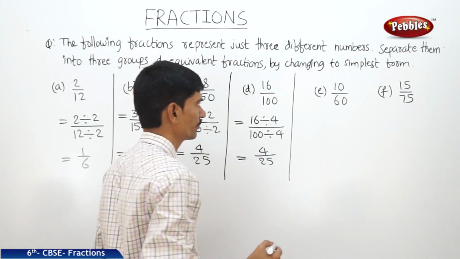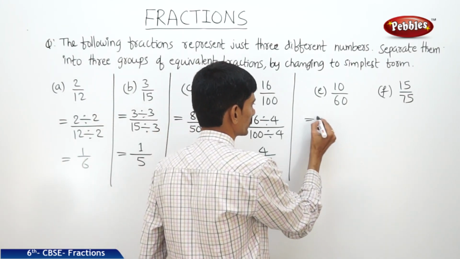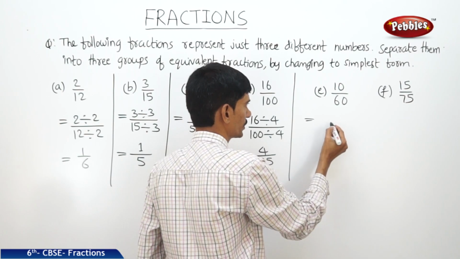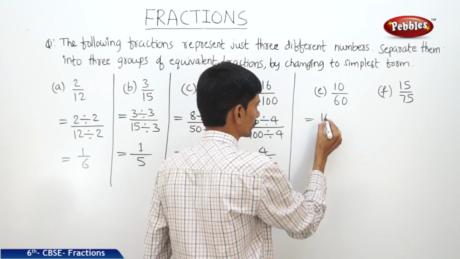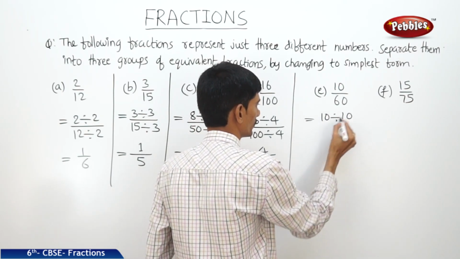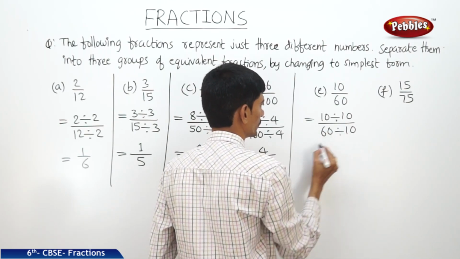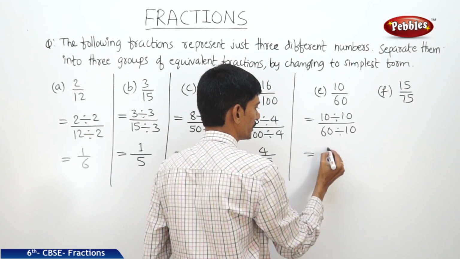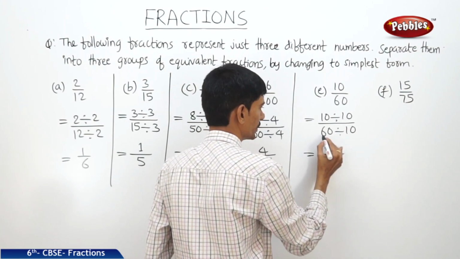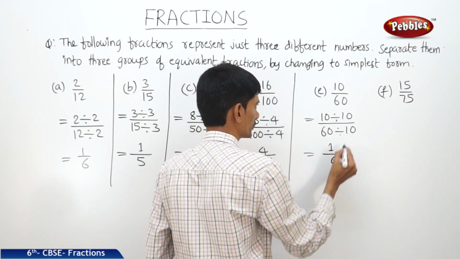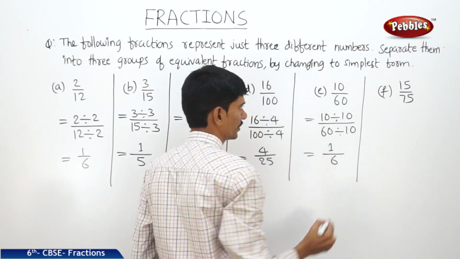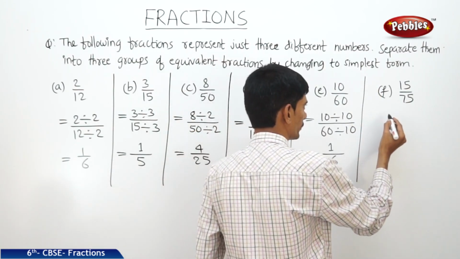Next, 10 by 60. Here both numerator and denominator are divided by 10. So 10 divided by 10 by 60 divided by 10. We get 10 by 10 is 1, 60 by 10 is 6. So this is 1 by 6. Next, 15 by 75.